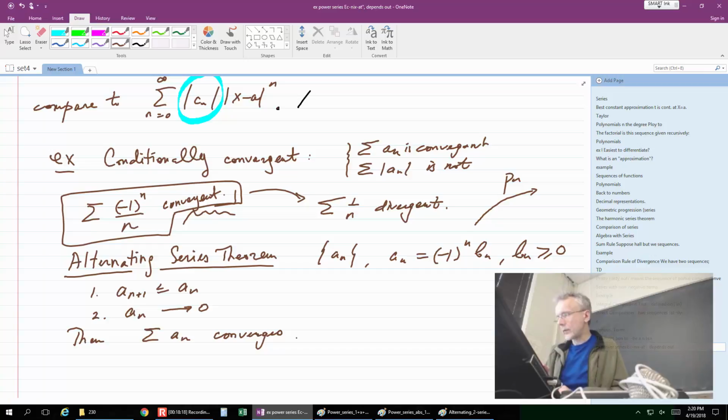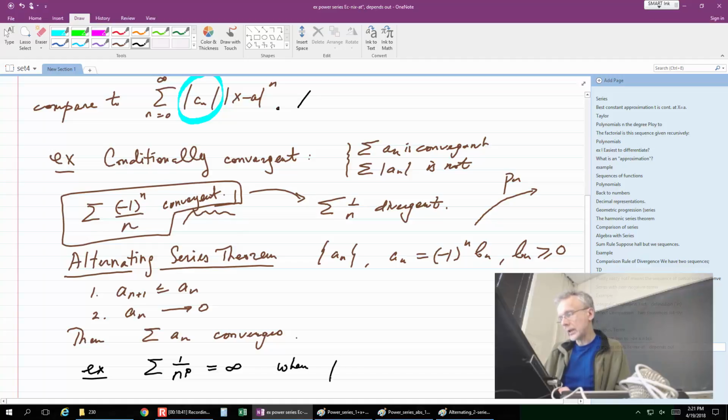Okay, if you want more examples, the theorem provides us with those, and every one of these will converge. I take p-series, and we have a bunch of p-series that diverge. 1 over n^p diverges when p is smaller than or equal to 1.